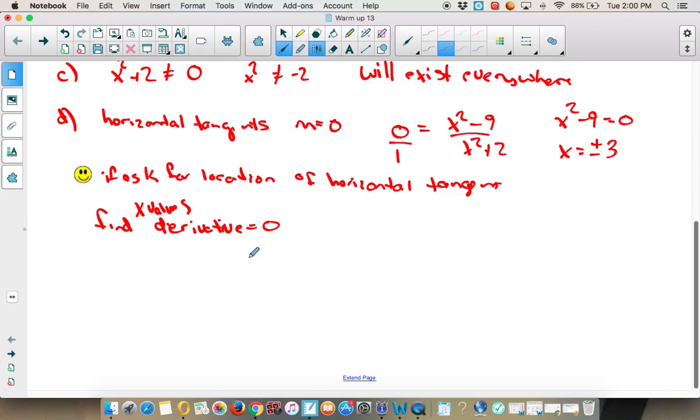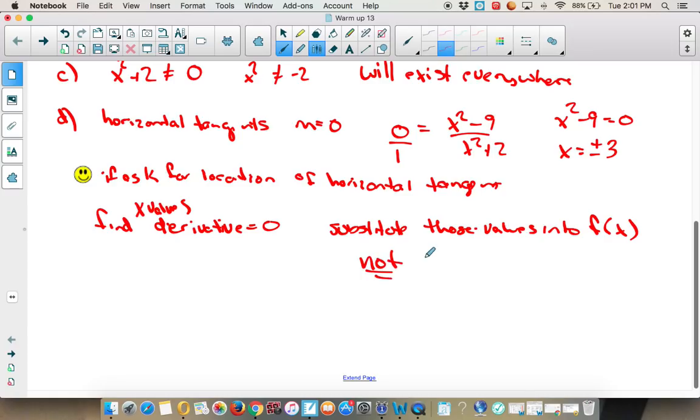Then you substitute those values into f of x, not into f prime of x. Because we're asking a location question, you use your original function.